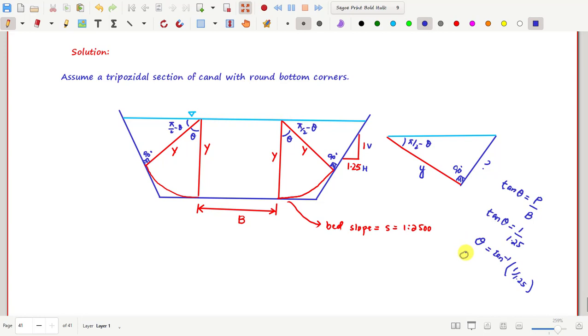So theta will be equal to, when you solve it, you will get 38.65 degrees. So write it here, theta is equal to 38.65 degrees. But in our coming calculations, we will need this in the form of radian too.